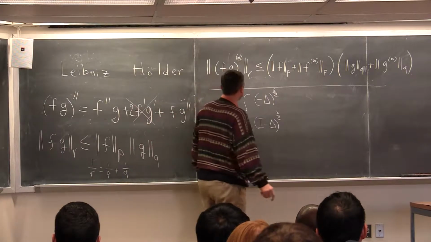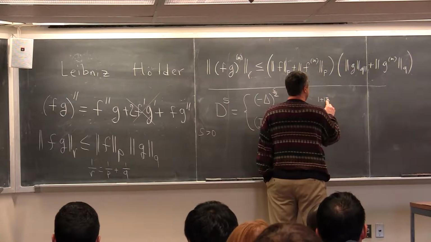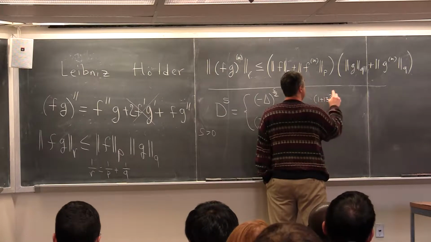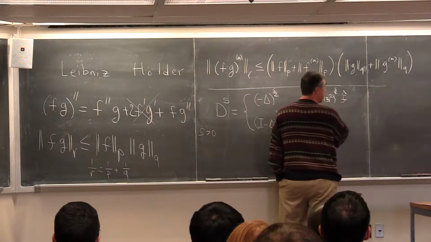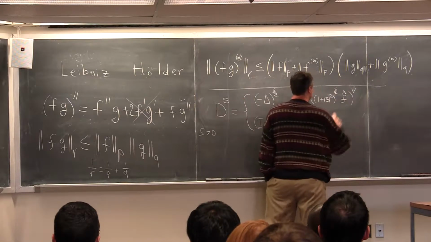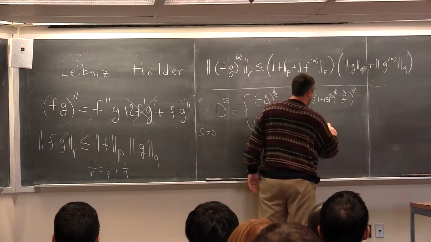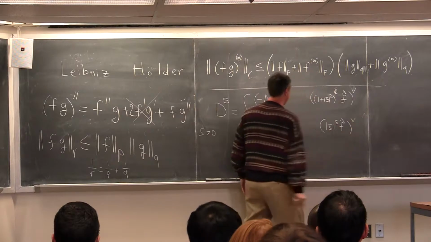What this means is taking a function f, taking its Fourier transform, multiplying by (1 plus xi squared) to the S over 2, and then taking the inverse Fourier transform. This one means you don't put the 1, you just multiply by |xi| to the S, and then take the inverse Fourier transform.